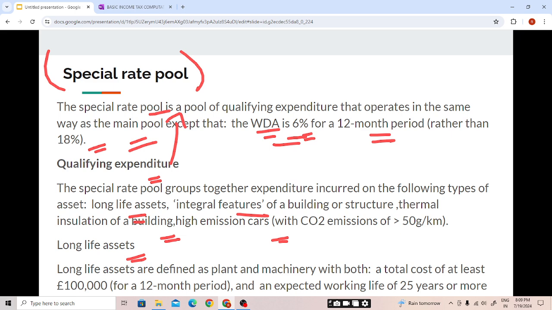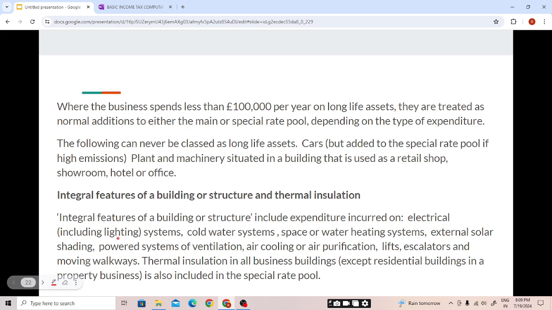The cost for a 12-month period must be £100,000. If the period of account is more than 12 months, this will be adjusted. And the second condition is that the expected working life should be 25 years or more. Where the business spends less than £100,000, this will normally be treated under the main pool or special rate pool depending on the type of asset.